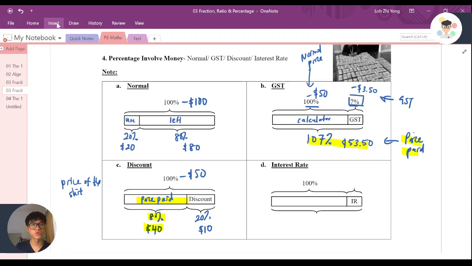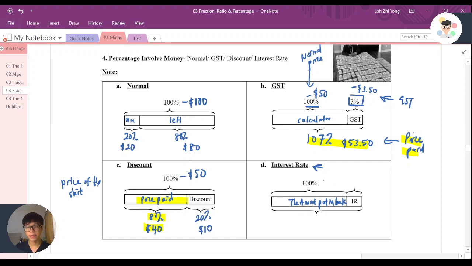And the next one, interest rate. So you need to understand what's the meaning of interest rate. Interest rate basically is the money, for example, you put a certain amount of money in the bank, and the bank will reward you with a certain percentage of your money. Okay. So for example, this is the amount I put in bank.